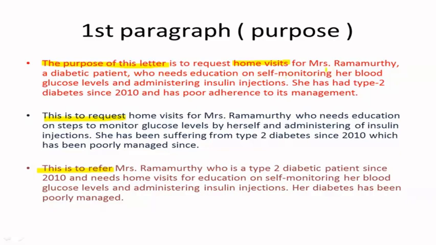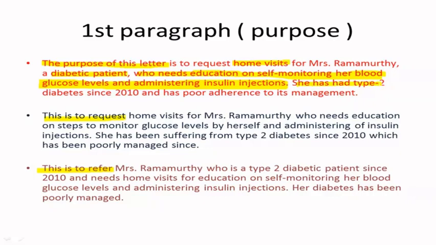So we have introduced this patient as a diabetic patient. Because appendicitis and all those factors we can write in the body paragraph, but she should know that she is diabetic. All right, who needs education on self-monitoring her blood glucose levels and administering insulin injections. So the main point we have communicated early in the document, as the marking criteria is suggesting.